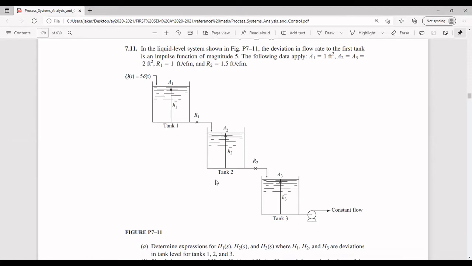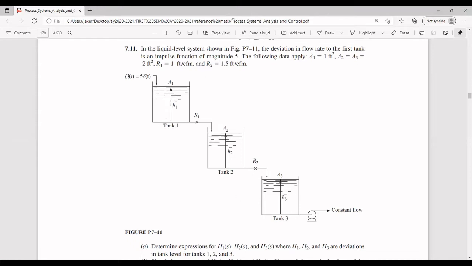So we can use that one, and then we will just connect it with the transfer function of this single tank. Now, as for this particular tank 1, since we're also required to find H1 of s, you already know how to determine its transfer function because that's our fundamental principle here applied to tanks connected in series.